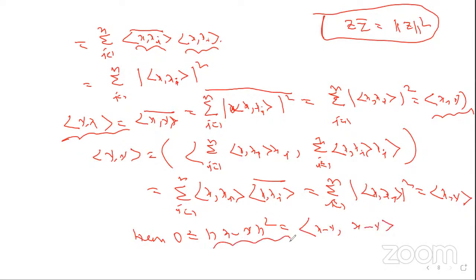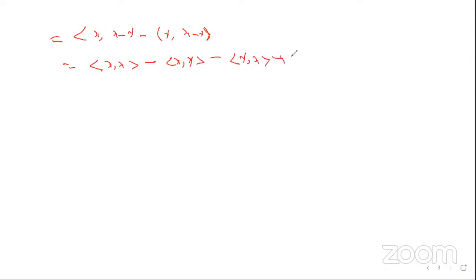By the linearity conditions of the inner product, this equals the inner product of x comma x, minus the inner product of x comma y, minus the inner product of y comma x, plus the inner product of y comma y.